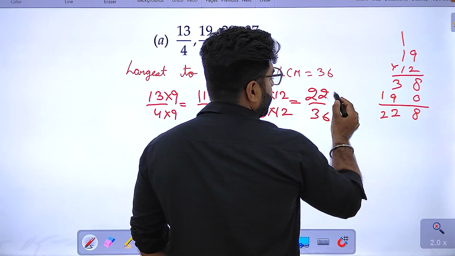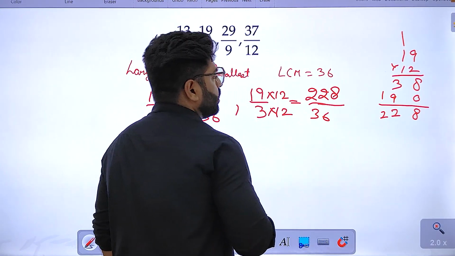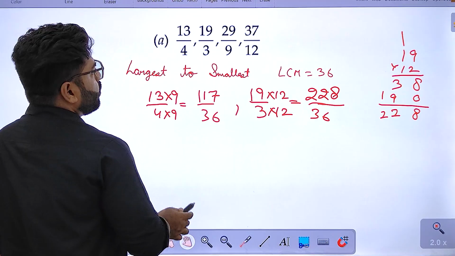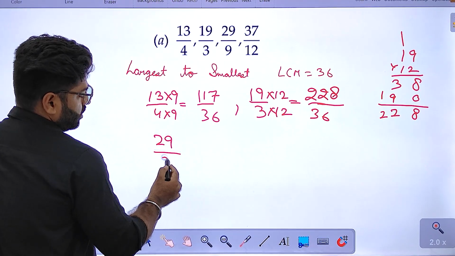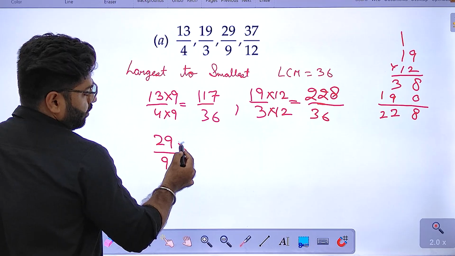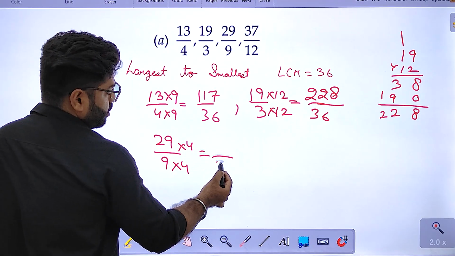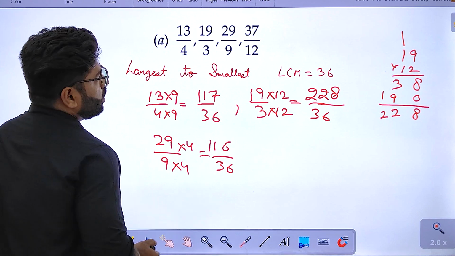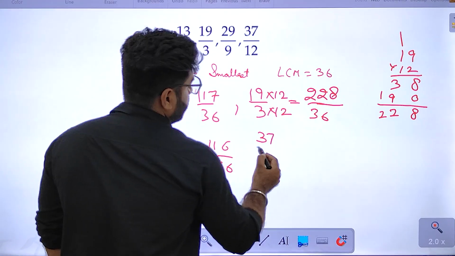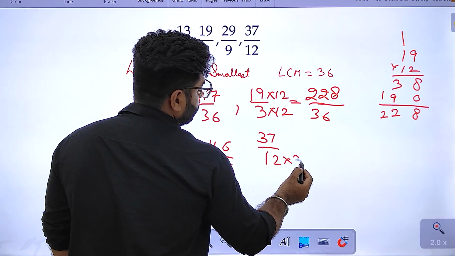We have 228. After that we have 29 by 9. Here we multiply by 4. Then here we have 37 by 12.